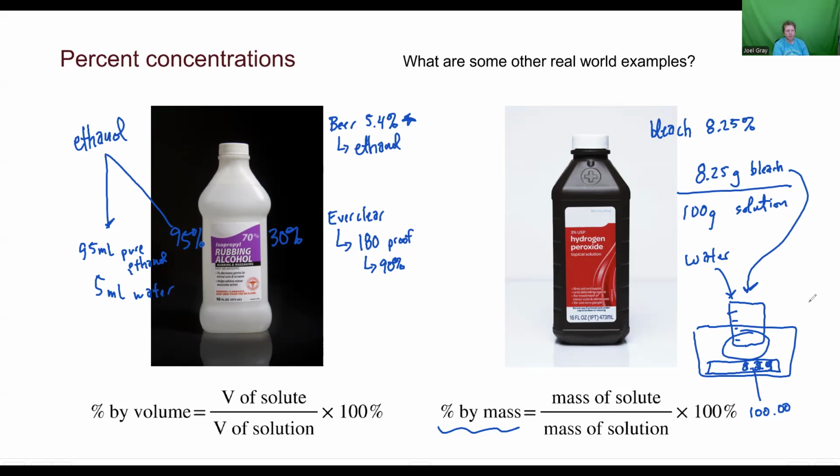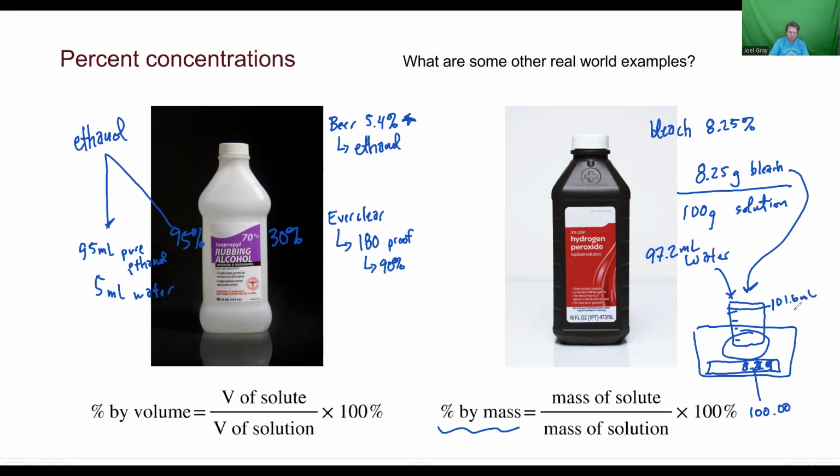No, because a percent mass solution is the mass of the solute divided by the total mass of the solution. So you might end up adding 97.2 milliliters of water, and then if you look at the beaker, it might actually read 101.6 milliliters. Oh, what's with the discrepancy there?